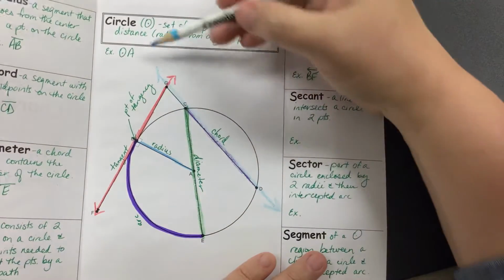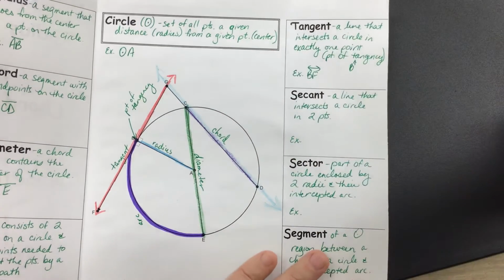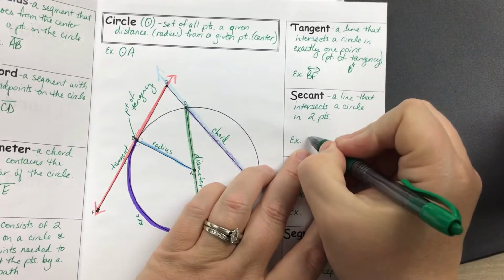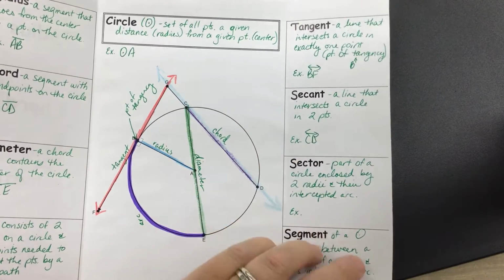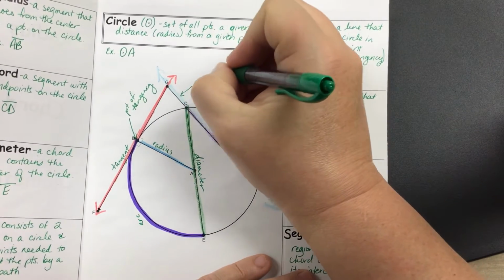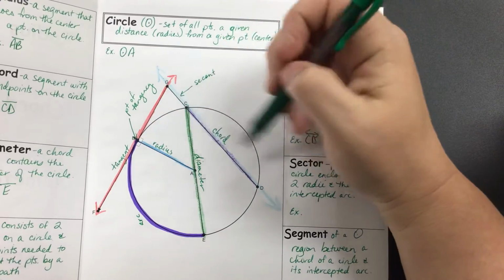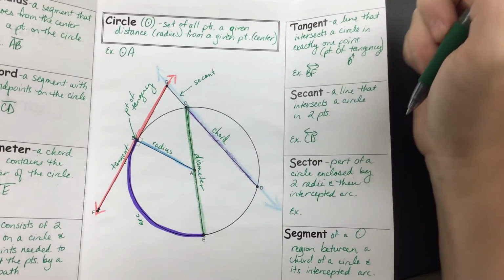Everybody seeing light blue here? I went through the circle, hit it twice, came out the other side. So if segment CD is a chord, line CD is a secant. So again, this line here in blue, this is your secant. So the segment is the chord, but the line would be the secant.